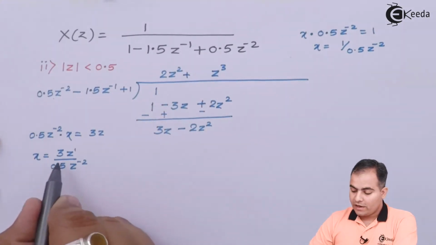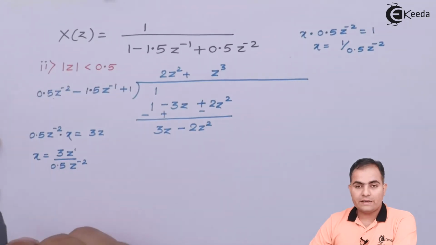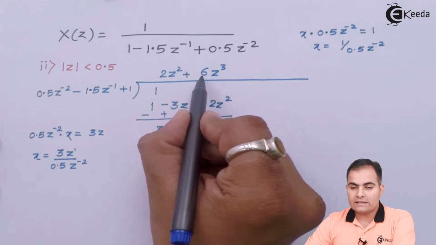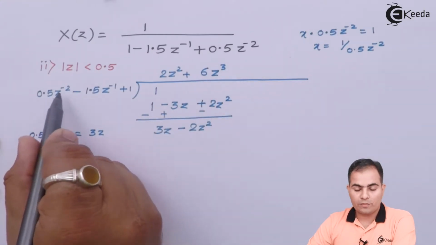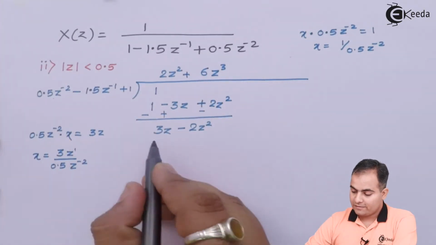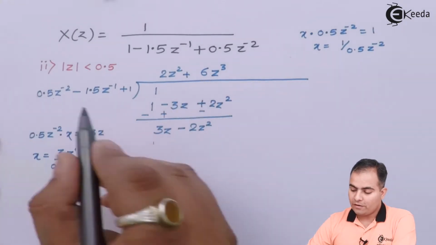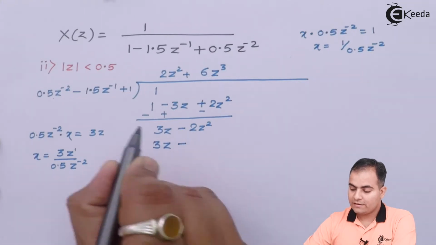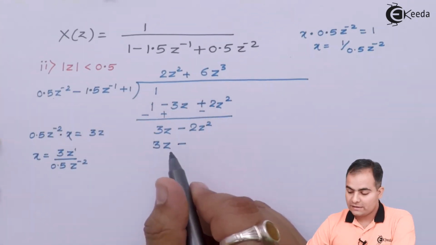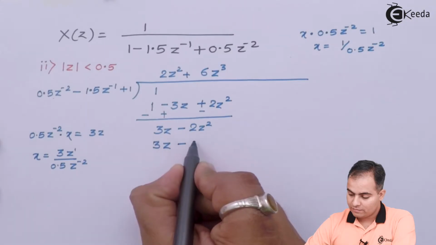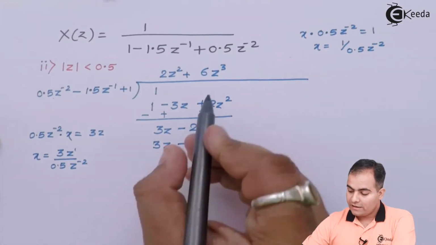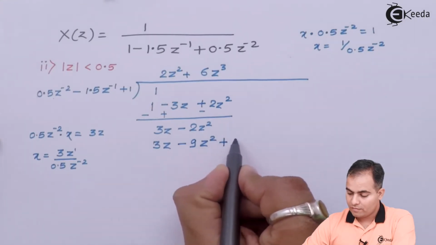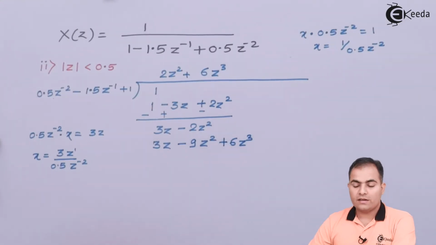So what you will get is z to the power 3, and 1 upon 0.5 is 2, and 2 into 3 is 6. So if I multiply 6z cube with 0.5 z to the power minus 2, we will get 3z. So after multiplying, of course I will get 3z, but next minus 1.5 into 6, the answer is 9, and z cube into z to the power minus 1, the answer is z square, and the last one is 6z cube.